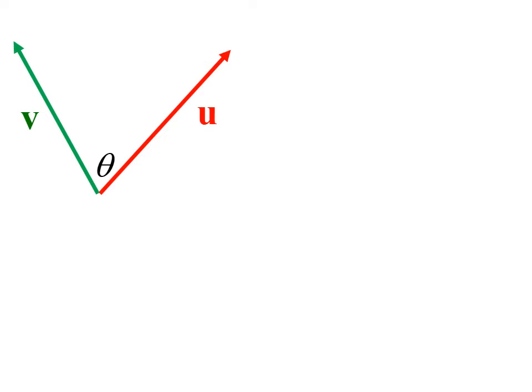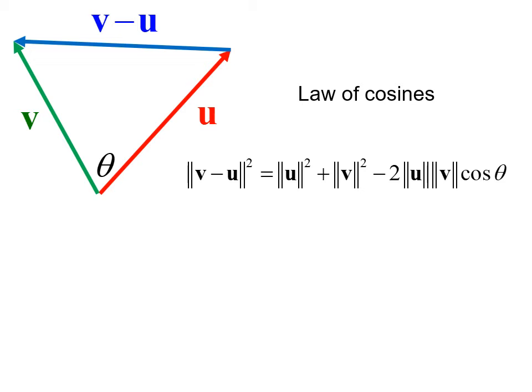If we construct the vector v minus u across between the points of the u and the v vectors, then from trigonometry, the law of cosines tells us that the sum of the squares of the two sides beside the angle theta, minus the quantity 2 times u times v times the cosine of theta, is equal to the square of the side across from the angle theta. You can go back and look that up in the trig book if you need to.